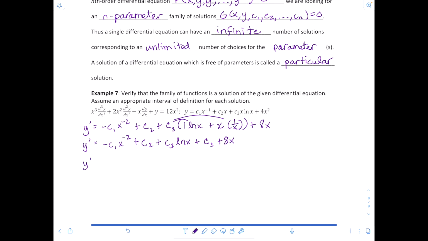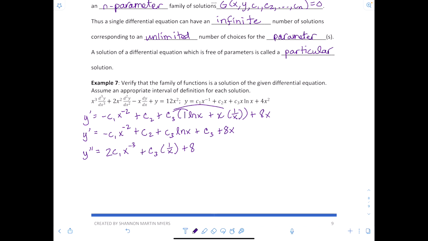All right, y double prime will be 2c1 x to the negative 3. The c2 term will zero out, and then we will have plus c3 times 1 over x. The c3 zeroes out, plus 8. So in place of that 1 over x, let's write it as x to the negative 1, which makes it easier to find that third derivative.